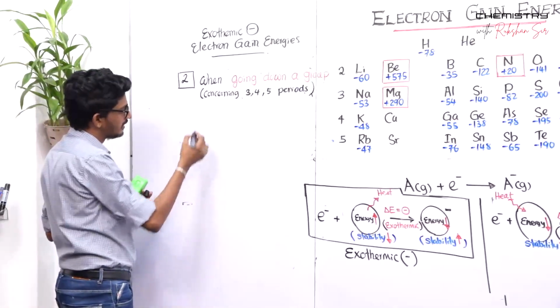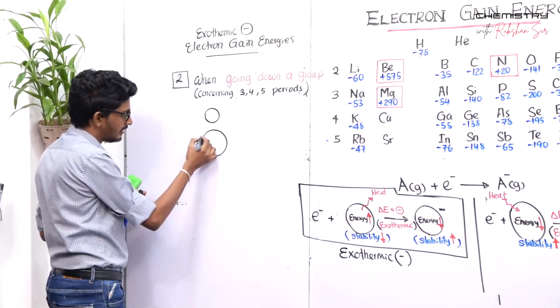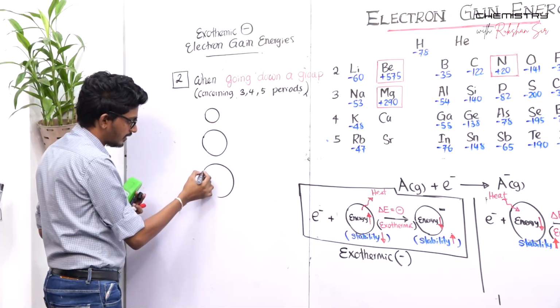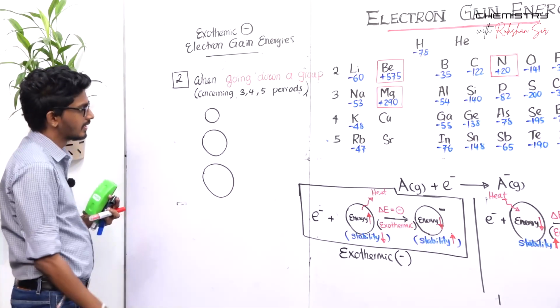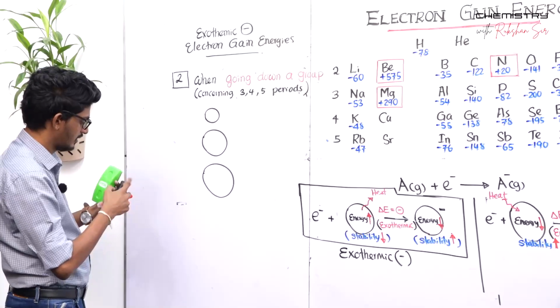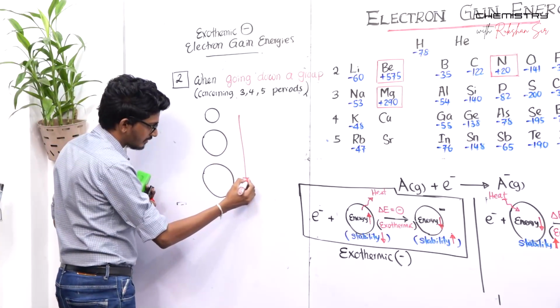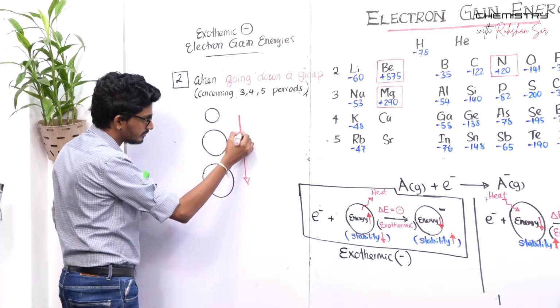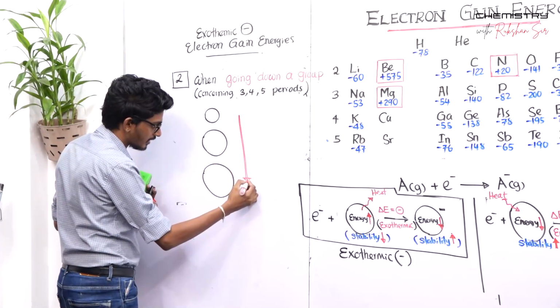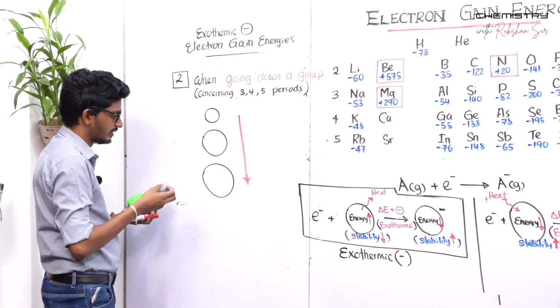Basically, when going down, we see the atomic radius increases. Going down, the atomic radius increases.